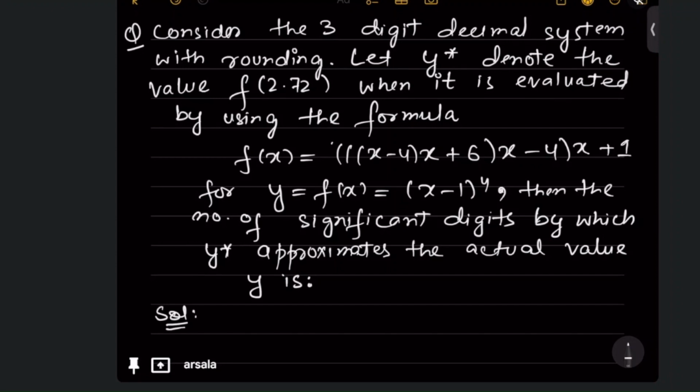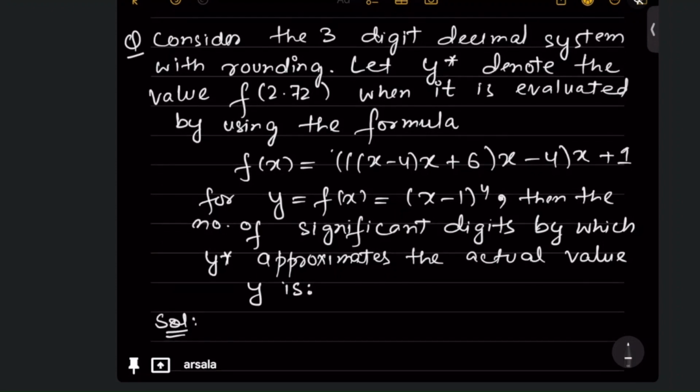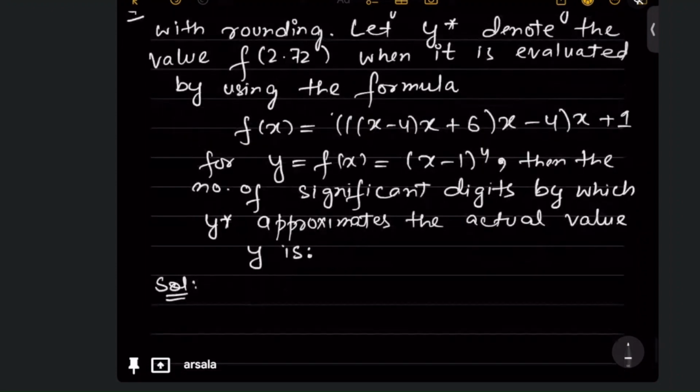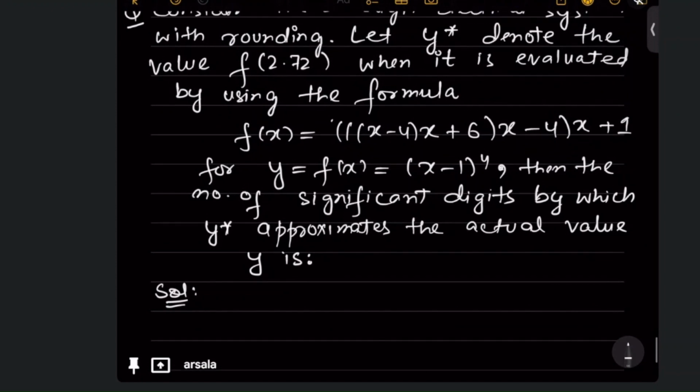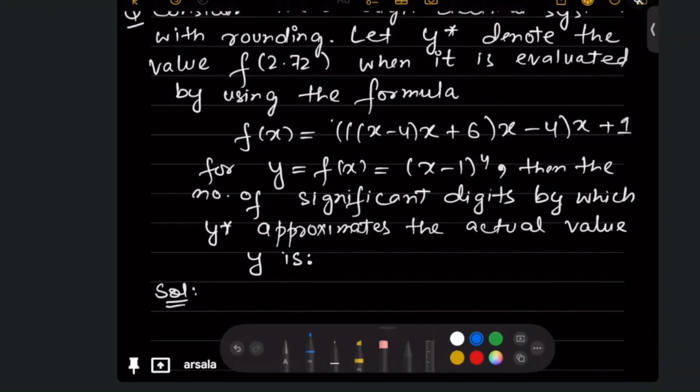I'll explain. Firstly, we have to take the three-digit decimal system. After the decimal point, there will be 3 digits. The input is also given in that only, 2.72. For calculating the actual value, we are going to use this function. Let me use a different pen.